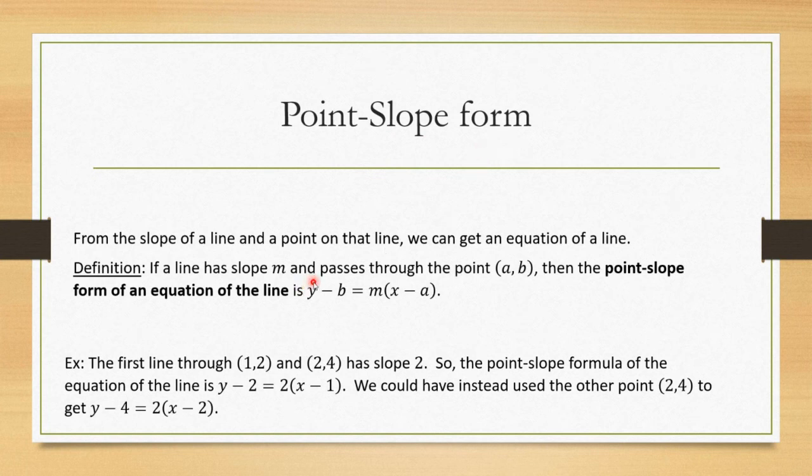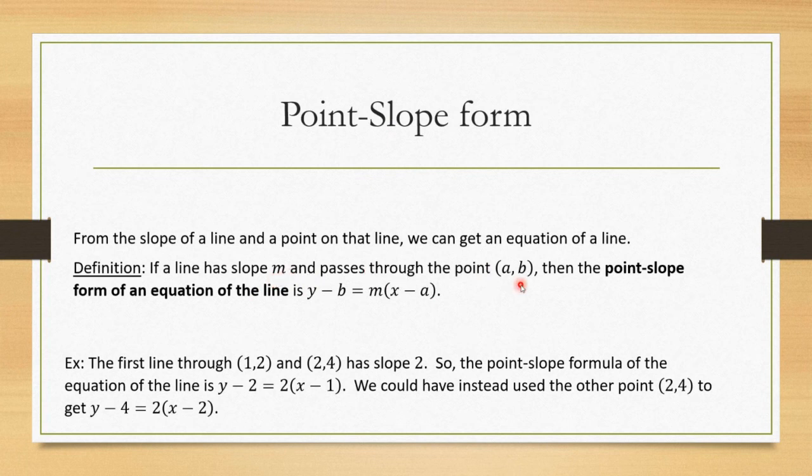And how does that point slope form look? Well, suppose the line has a slope m, and let's say it passes through this point, (a, b), whatever it is. Again, the line is not vertical, because if it's vertical, it doesn't have a slope.